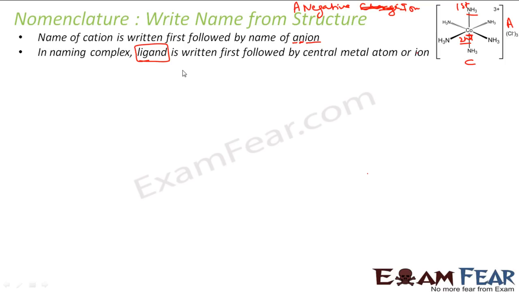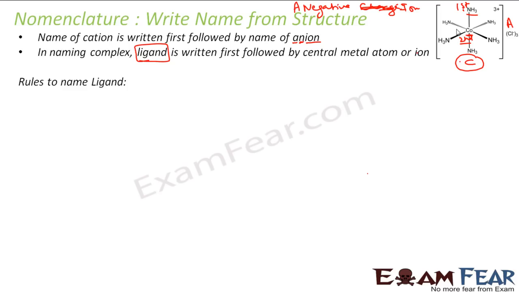Understood? First you have to write the name of the cation. First figure out which is the cation and which is the anion, and then in the cation itself, first the ligand and then the metal. The ligand has more priority than the metal when you are writing the name.